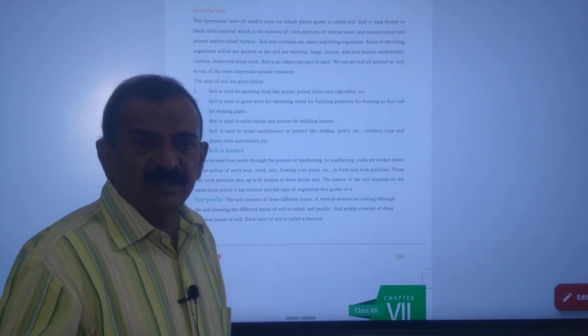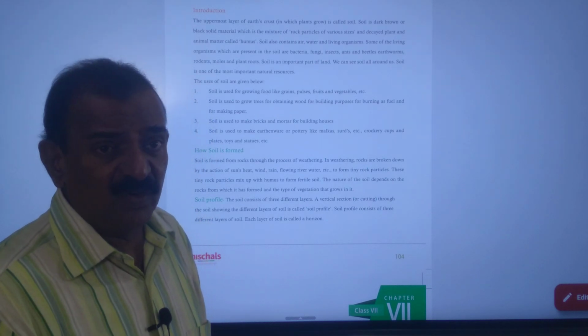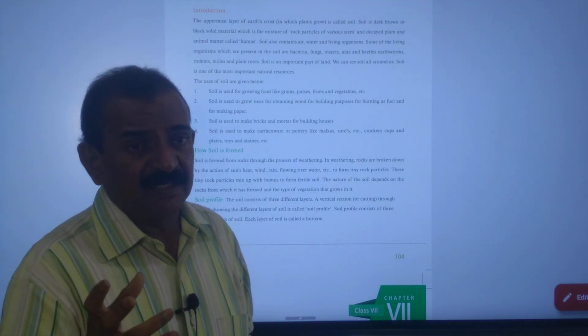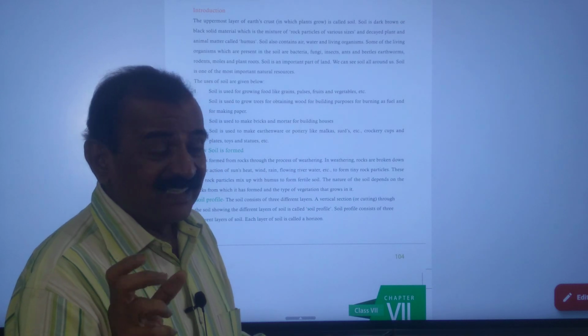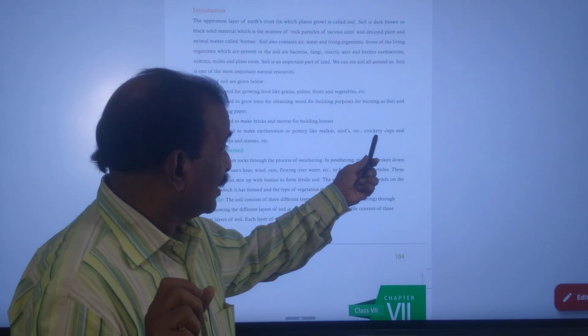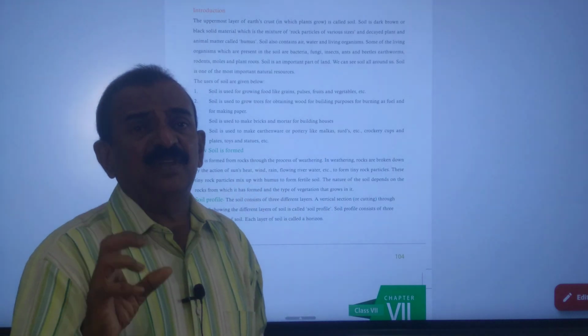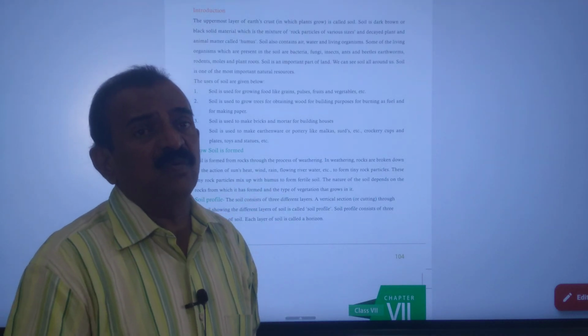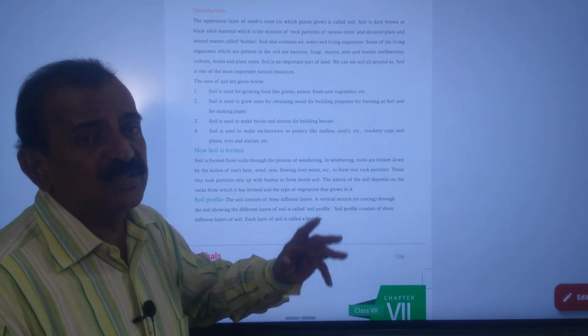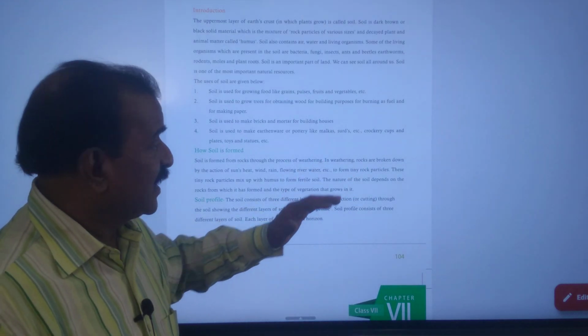In summer we use earthen pots, earthen glasses, crockery cups, plates, and toys. Many items we make using soil. In this way soil is useful to mankind.